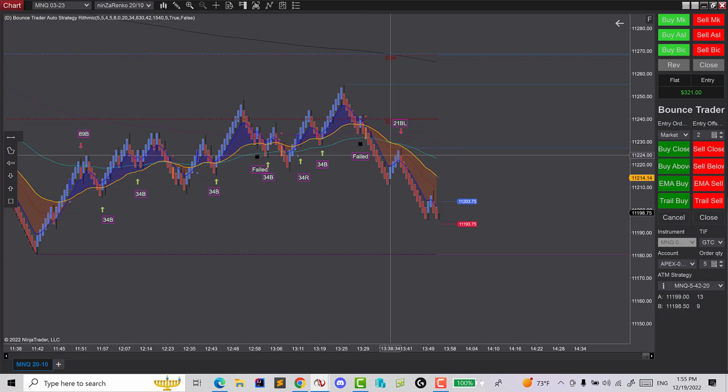And this one seems to me to be 21BL, also a bounce from the 21 EMA, but it's also from a level. So if you could see this level here. As you can see, let's count here: 1, 2, 3, 4, 5, 6.